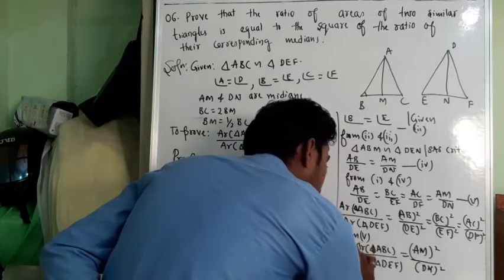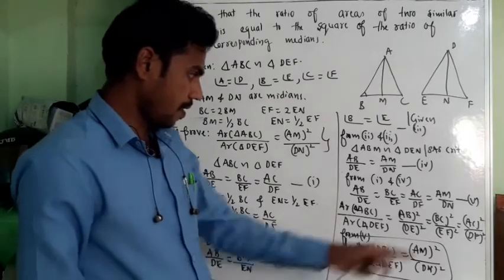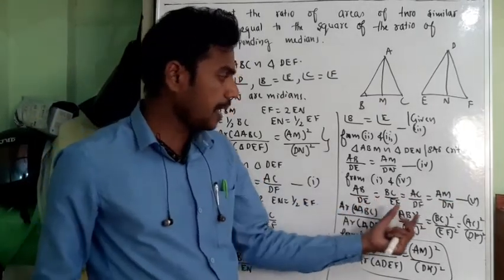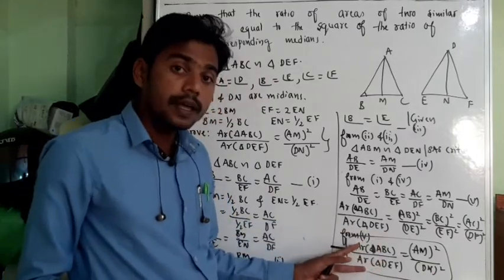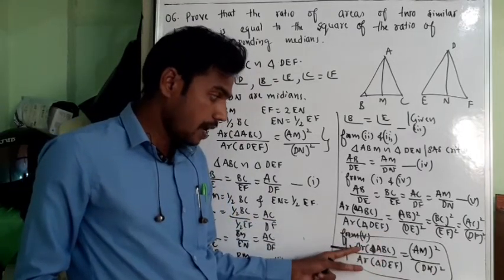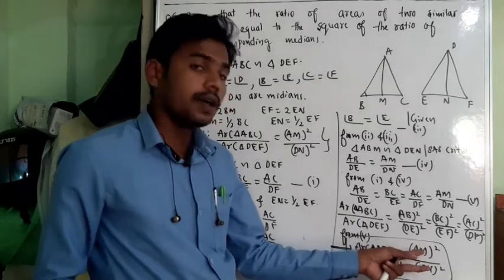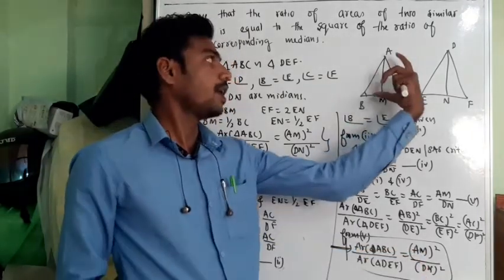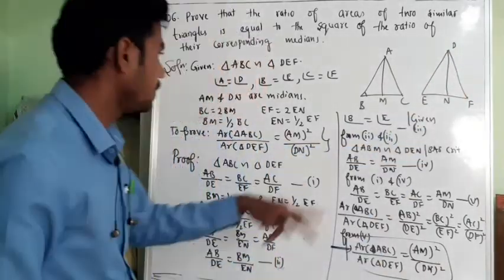This is the required thing for us to do. From 5, AB by DE can be replaced with AM by DN. So the ratio of the areas of two similar triangles is equal to the square of the ratio of their medians. So this was supposed to be proved. Please note this down.